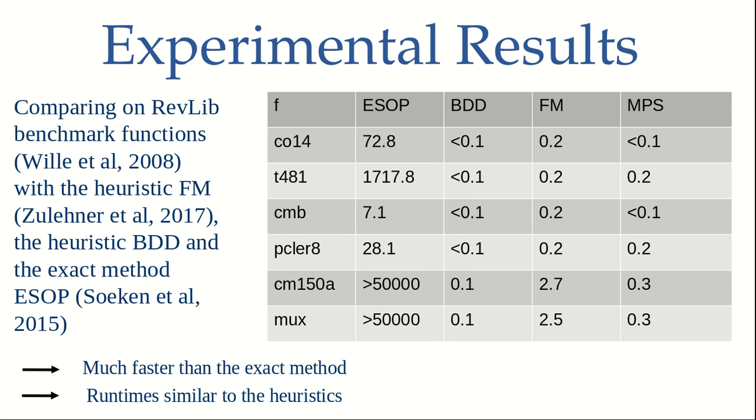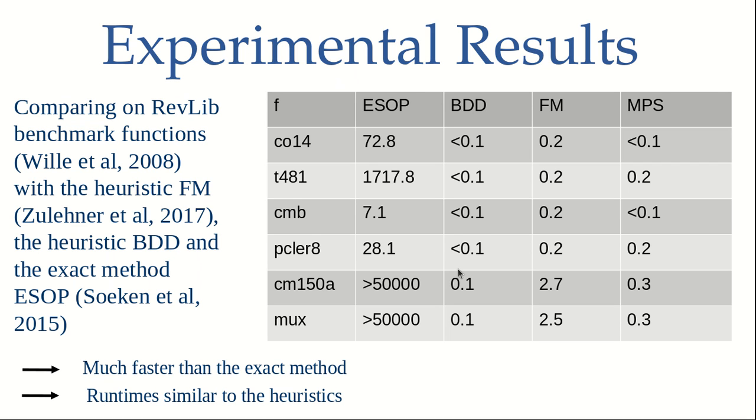Now, to test our method, we ran it on the Reversible benchmark functions, and we compared it with 3 other existing methods, which are SOP, BDD, and FM. And here SOP is an exact method, and BDD and FM are heuristics for this problem.